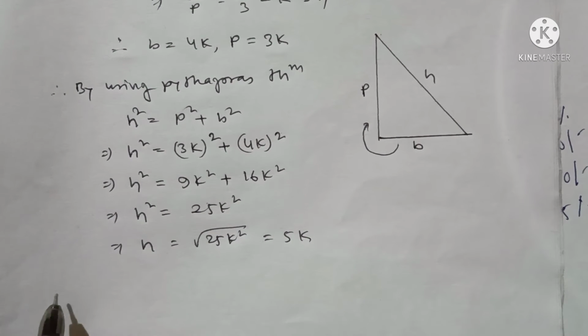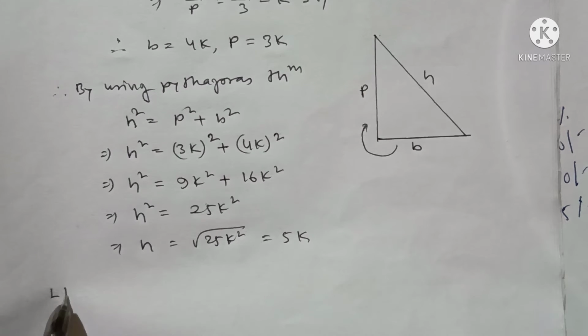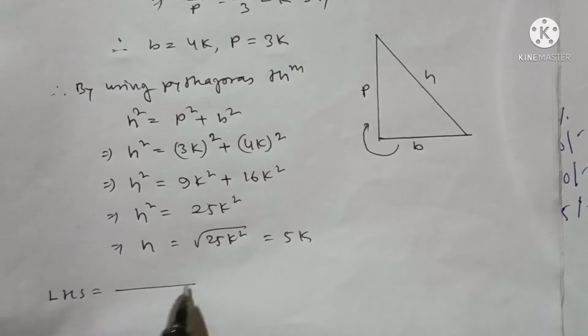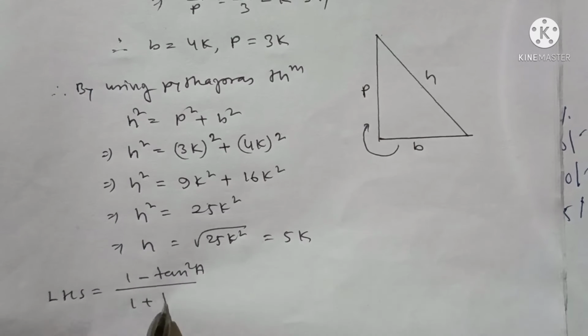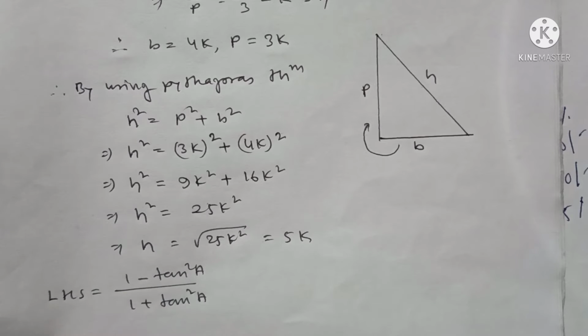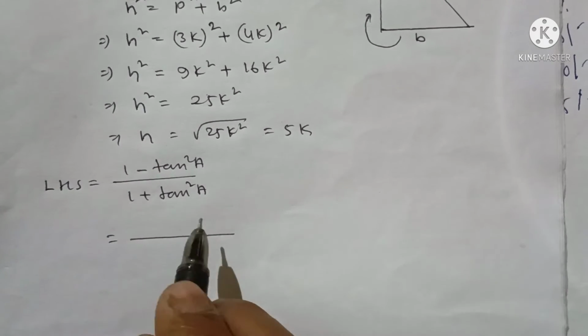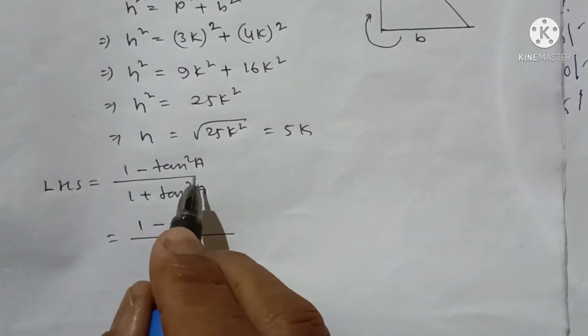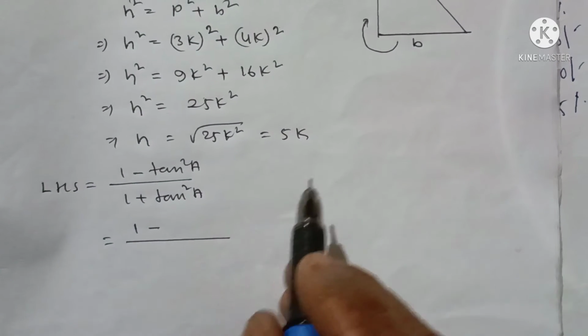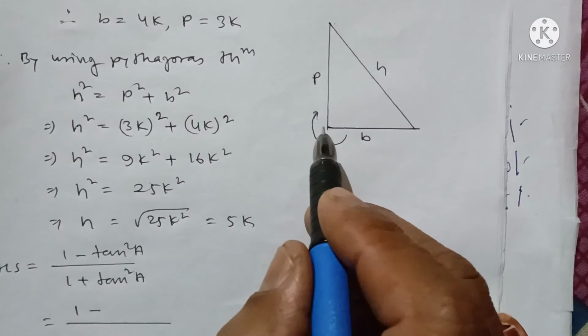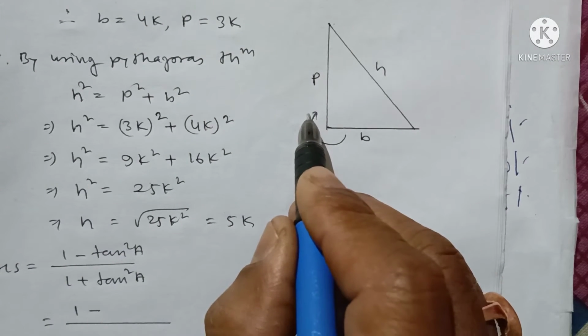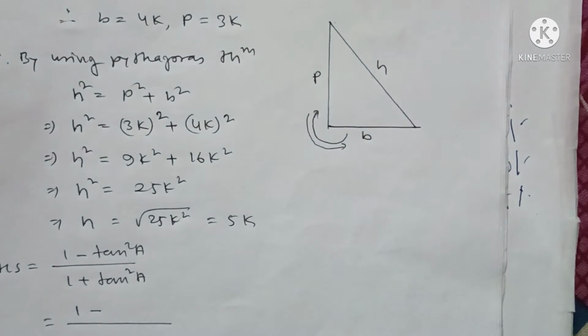Now, what was the question? Here, in left hand side, we can take 1 minus tan square A upon 1 plus tan square A. Here, put the value of tan A. Tan A means perpendicular by base.